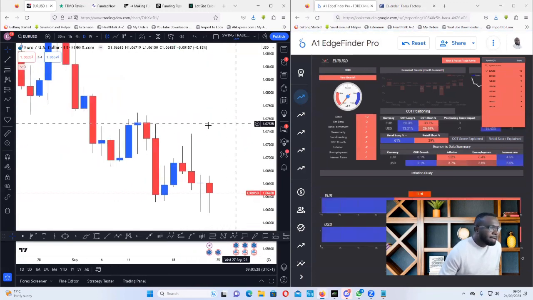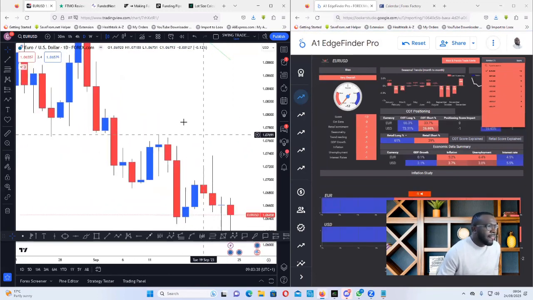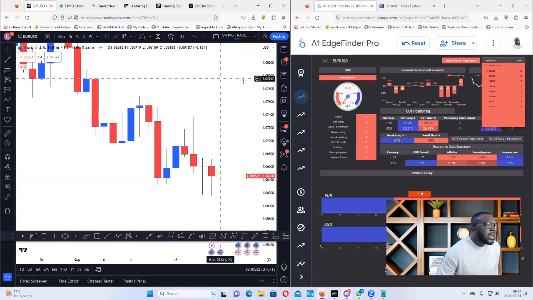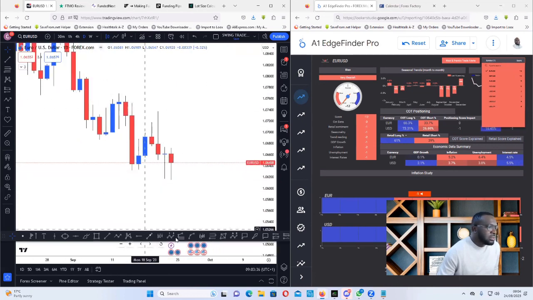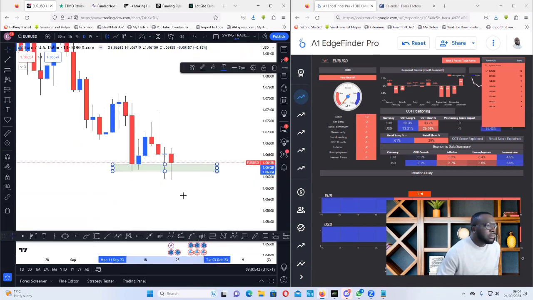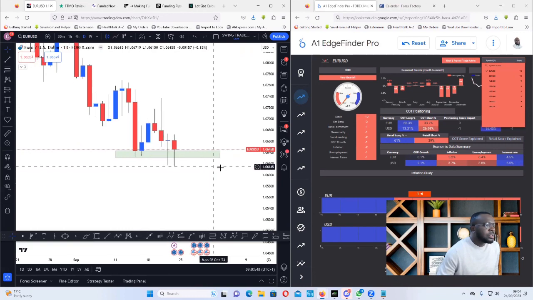So here on the left, you can see that the market on the daily is bearish, but it has given us a double bottom on the higher time frame. We can see a double bottom, and body wise, this candle closed above this body, but it still looks bearish.